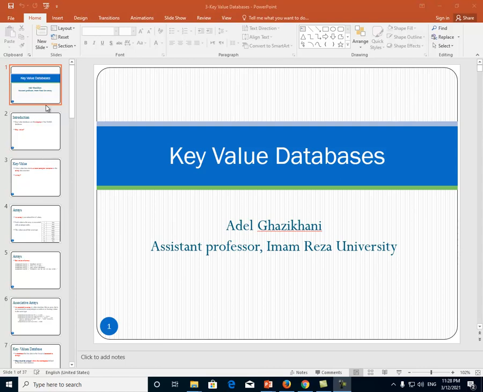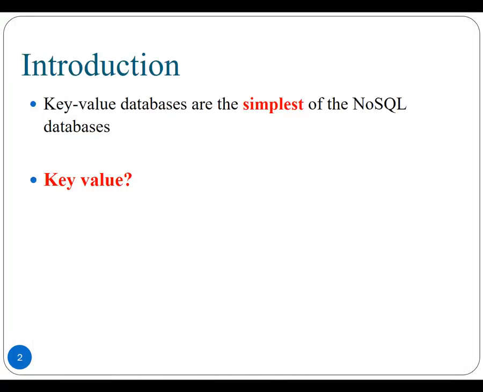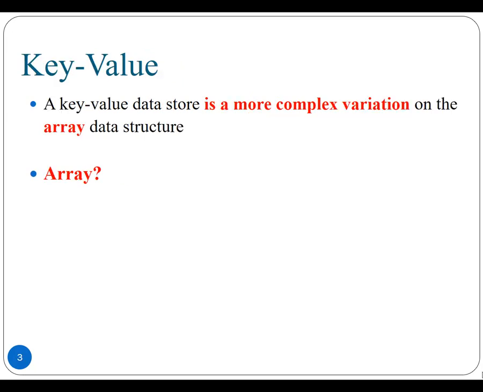I talked about the key value database in the previous video, and I said that the key value database is a database that is based on key values. The data that we have are in the format of key values. Key value, we said, is a more complex data structure compared to arrays.